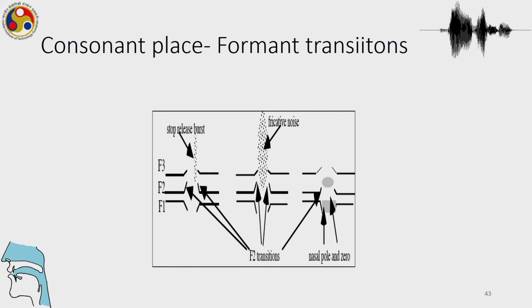So, these are very significant cues for nasals, and so for consonant place, whether it's fricative or stop or nasal, the F2 gives a lot of information.